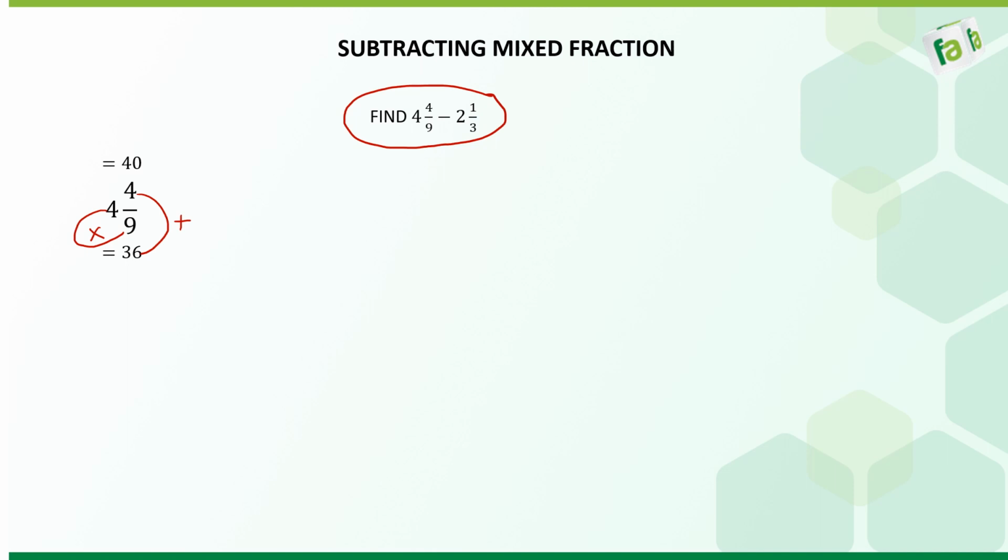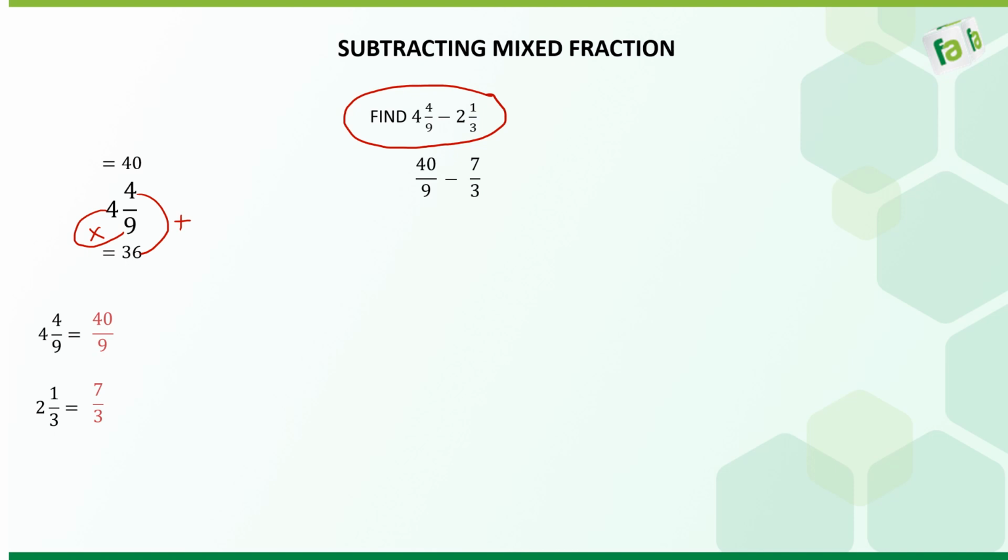So, our new fraction becomes 40 by 9. We do the same for 2 and 1 by 3 to get 7 by 3. Now we can write them like this. 40 by 9 minus 7 by 3.